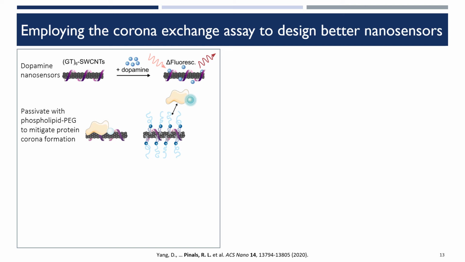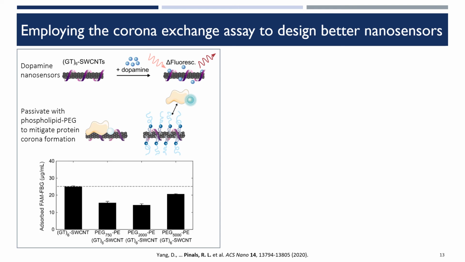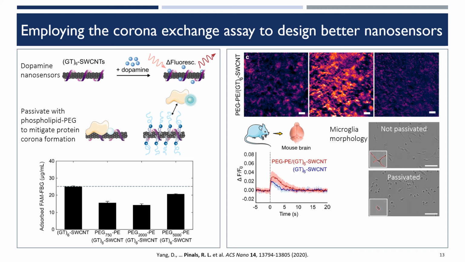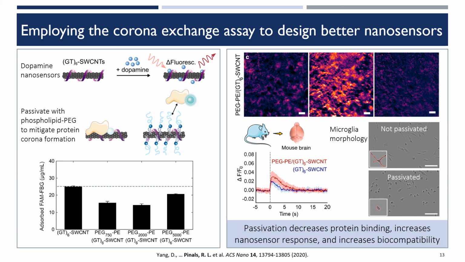After passivating exposed nanosensor surface with phospholipids that are linked to the hydrophilic polymer polyethylene glycol, or PEG, we demonstrated a sizable reduction in protein adsorption, as I'm showing here with this bar graph for varying molecular weights of the PEG moiety. This anti-biofouling property then resulted in a more robust nanosensor response in mouse brain slices, as well as reduced morphological changes imparted to mouse microglia.